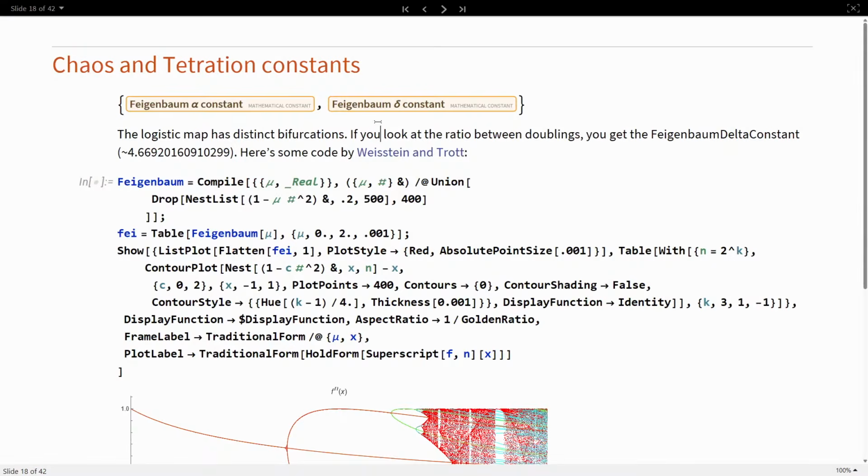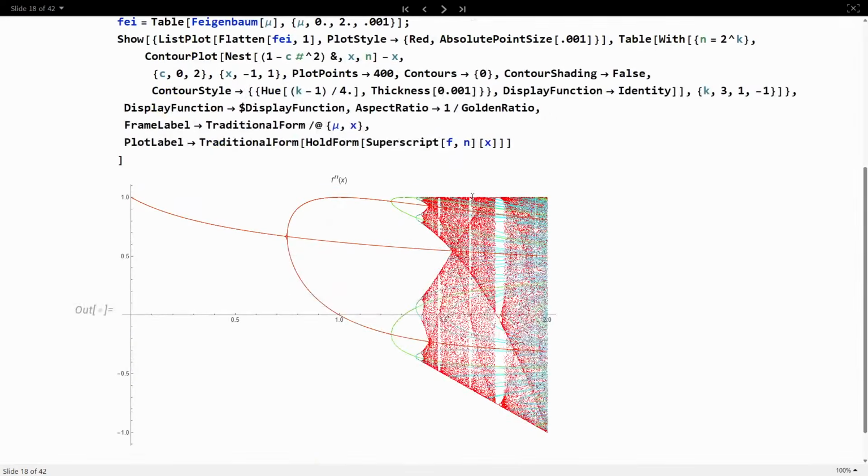Some chaos constants. The logistic map has various bifurcations in it, and we can see a picture of it here. So here's a picture by Trott and Weisstein of various loops.